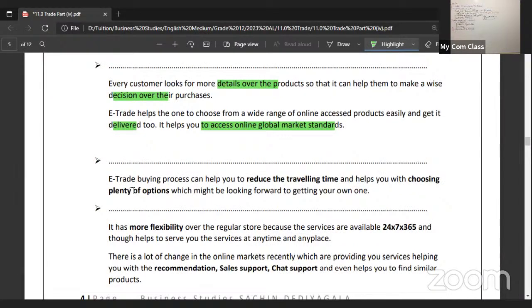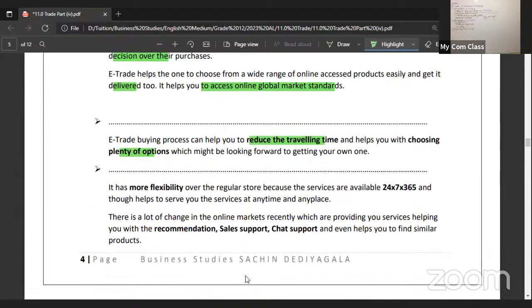E-Trade buying process can help you to reduce the traveling time and helps with choosing a plenty of options is there, right? Correct.